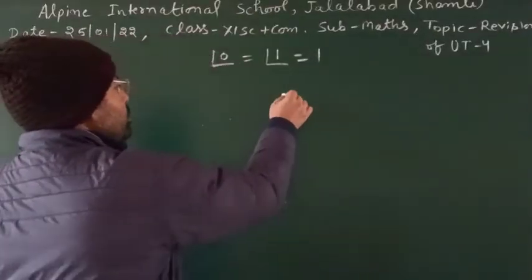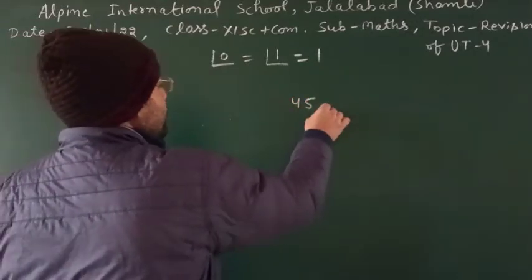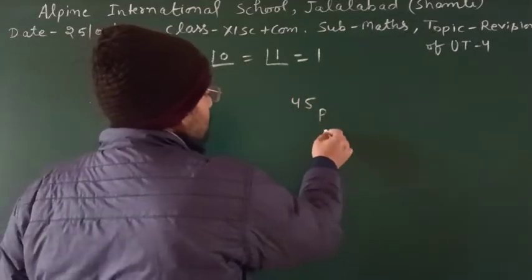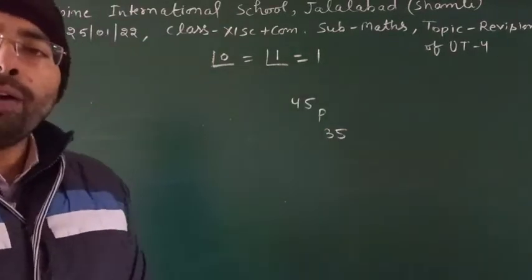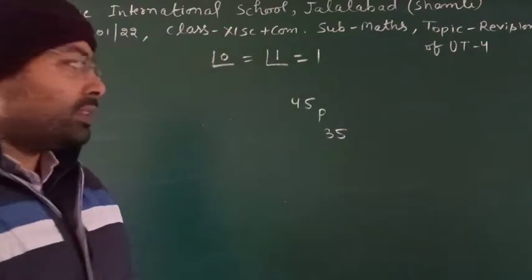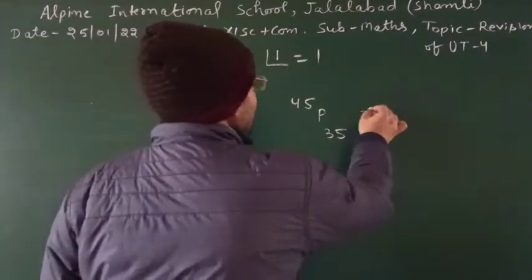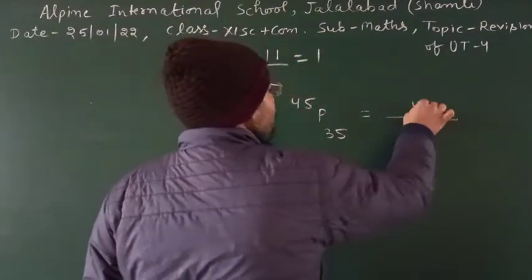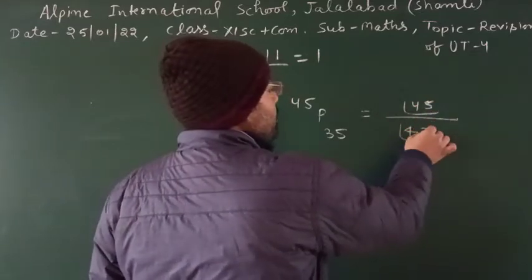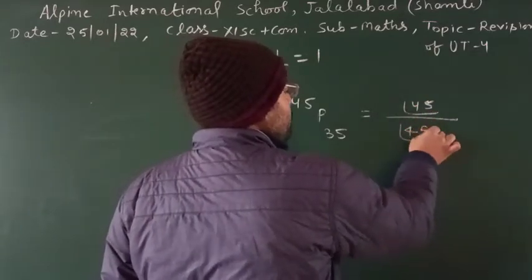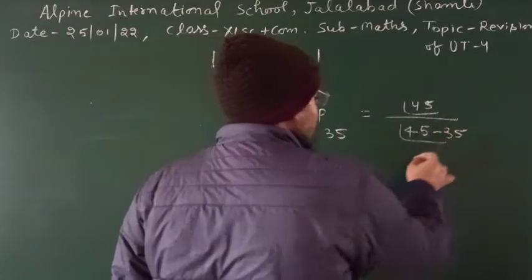चलिए, सपोज वी हैव 40P35 and we want to find out the value of this. So we can open this like factorial of 40 upon factorial of 40 minus 35.